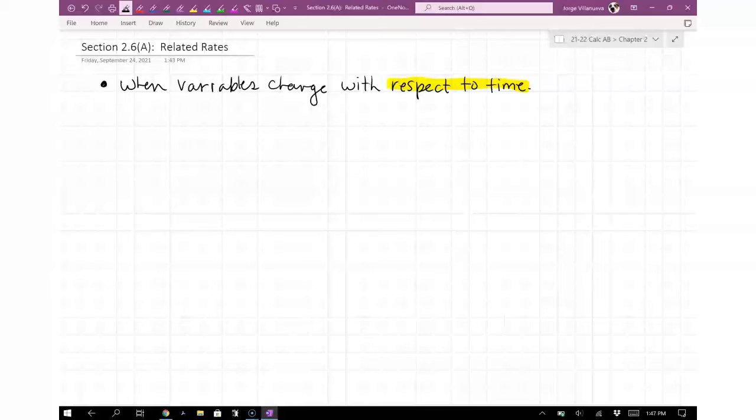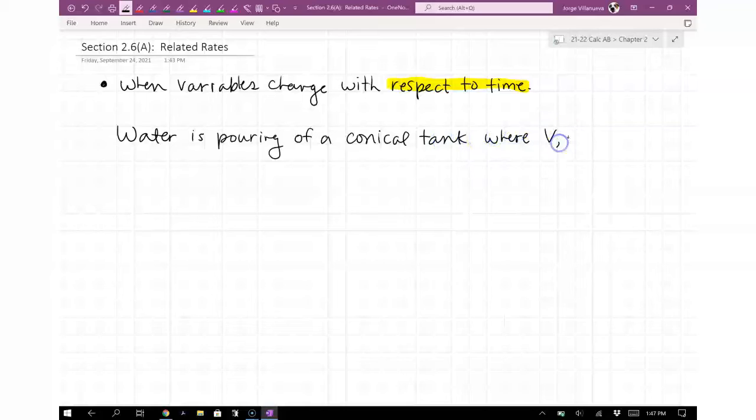So let's think about this really quick. Water is pouring out. You can call this example 1 if you want. I'm not labeling it. I'm just going to give you a little look into this. So water is pouring out of a conical tank, so a cone, where V, R, and H are all functions of time.